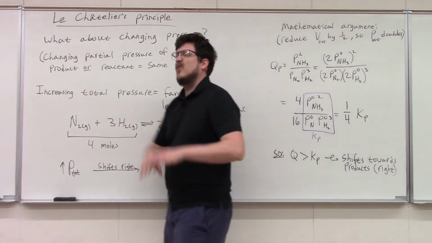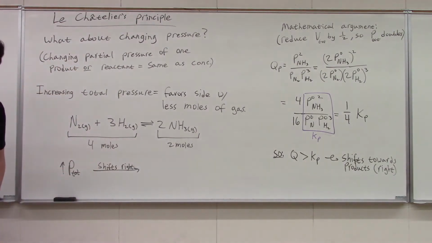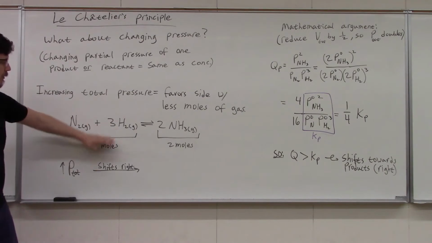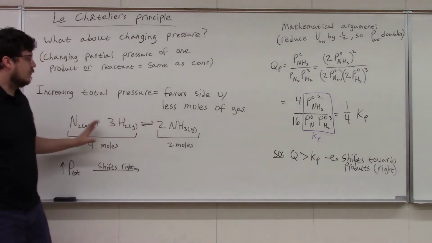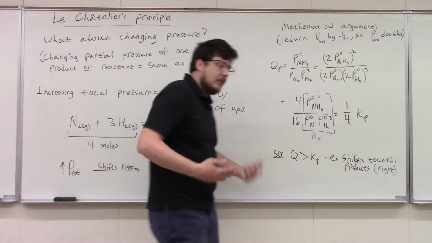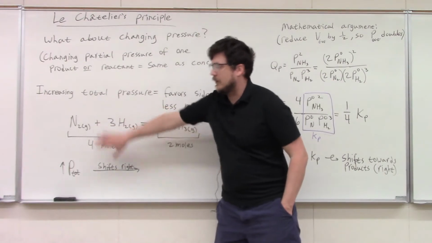So this is kind of an overarching, logical, poorly phrased argument by me right now, I'll be honest. I don't feel like I'm making it very clear, but we'll do the math in a second. Just look at it: we've got 4 moles on the left, we've got 2 moles on the right. If we only had NH3 in this situation, it would experience half the pressure versus the left-hand side, which has 4 moles of gas.